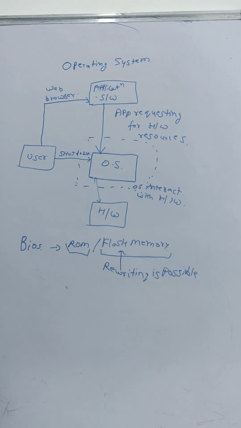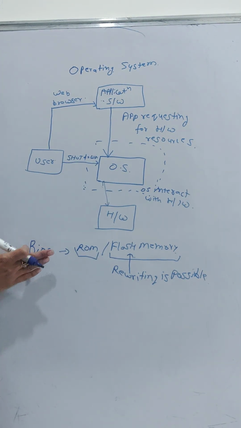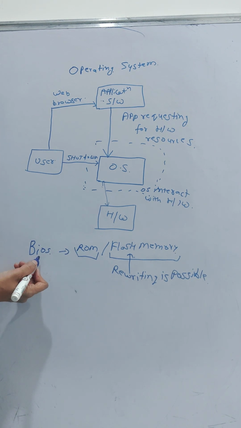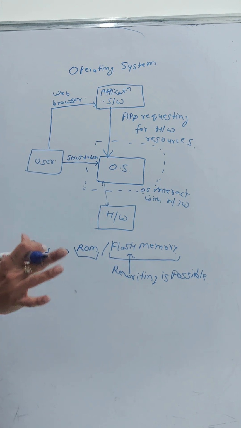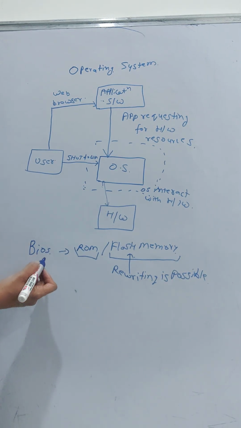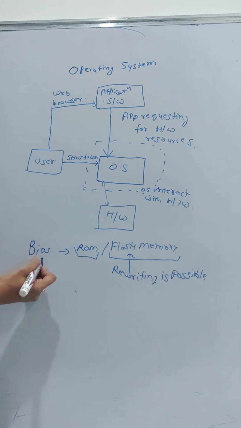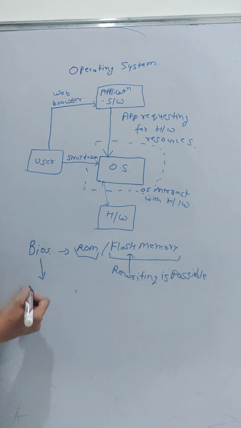Okay. So this BIOS is the first software which will run when you switch on your system. So what will this do? It will first check all the hardware resources whether they are correctly working or not. When you switch on the button, it will check all the resources like CPU, RAM, like things are working fine. Then it will locate bootloader.